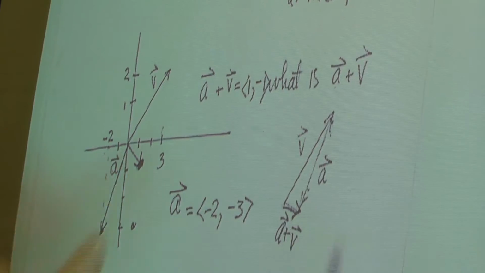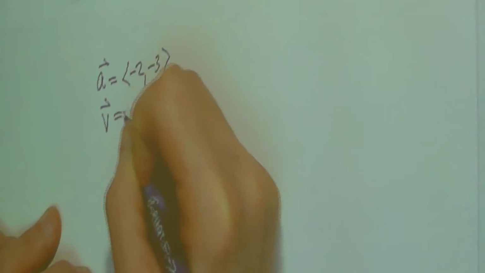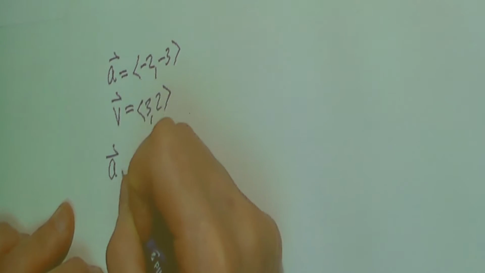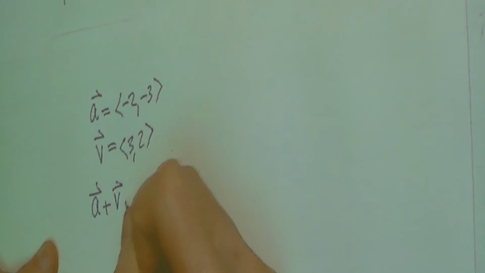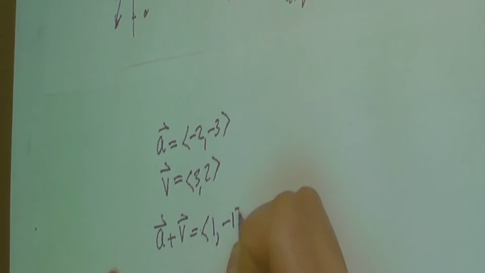All right? Now, A was equal to -2, -3. V is 3, 2. A plus V looked like it should be 1, -1.